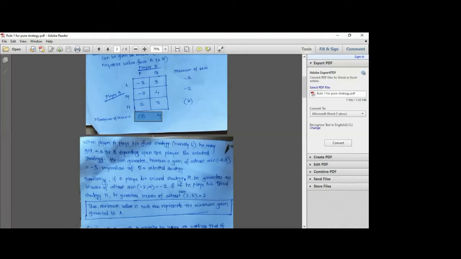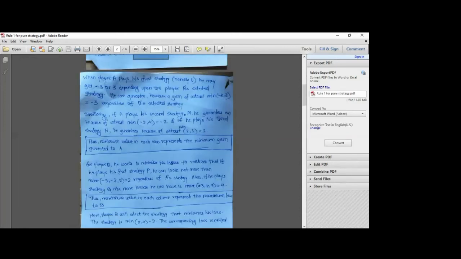So 2 and 4, what I have shown here, are the losses. So player B will maximize his loss or minimize his loss? Losses are always to be minimized. So he is going to think of playing such a strategy that he will be minimizing the loss that he is going to have.